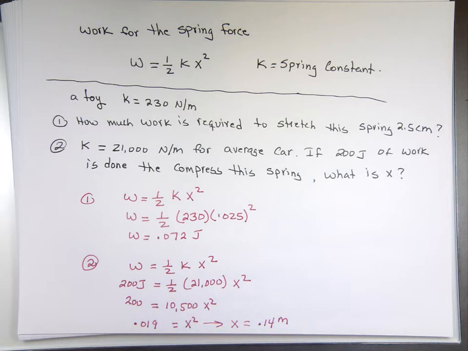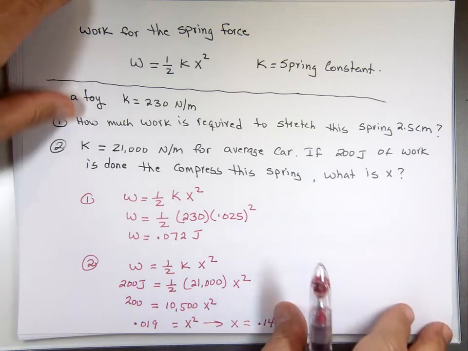If the value of the force is changing, that's what happens with the spring. When you stretch the spring, that value is not the same. When the spring is close to its natural position, the force is not that large, but when you stretch it really hard, the force is much larger.